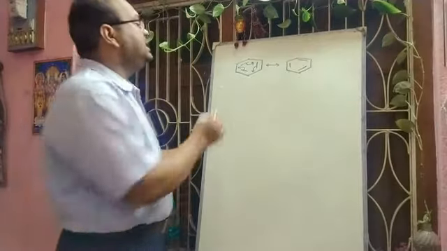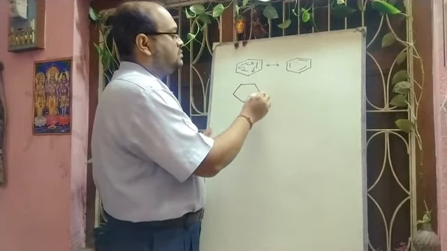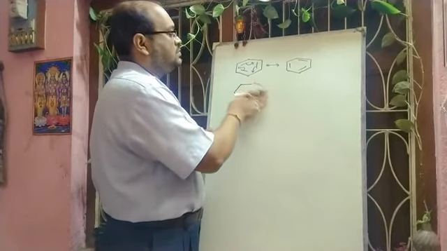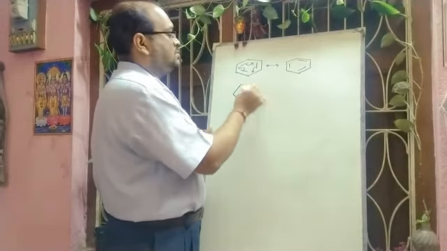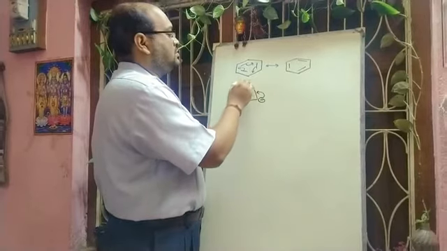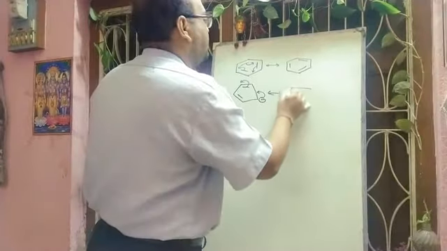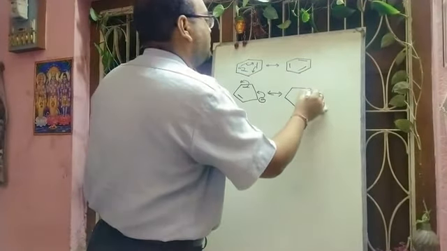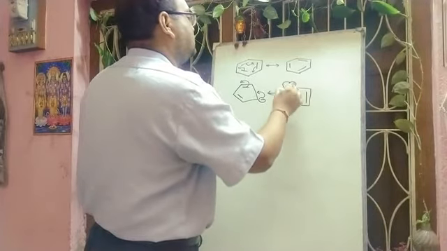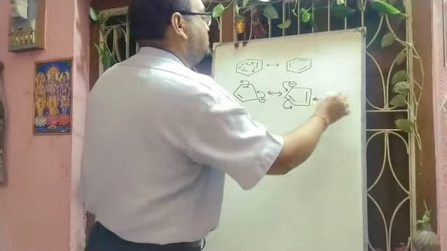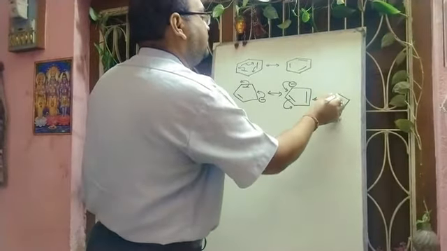Suppose in a ring there is a negative charge, then we have to draw the resonance structure in this way.